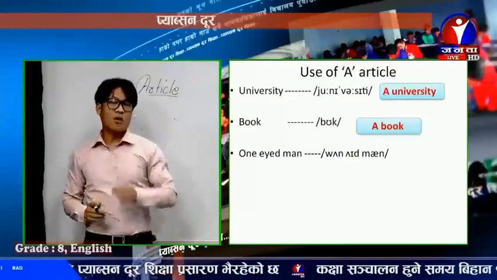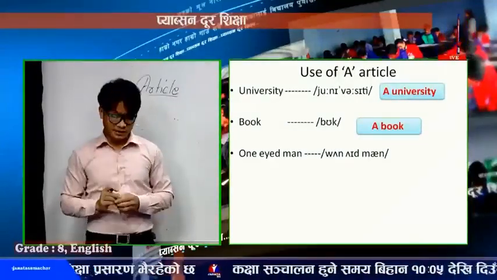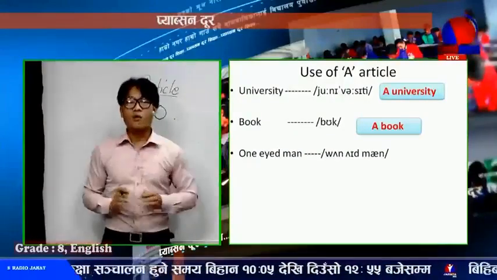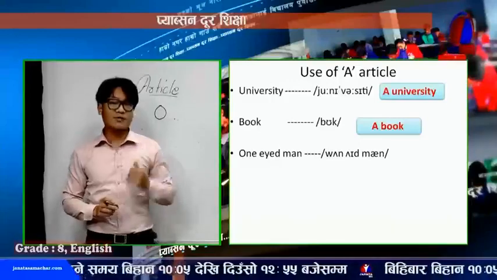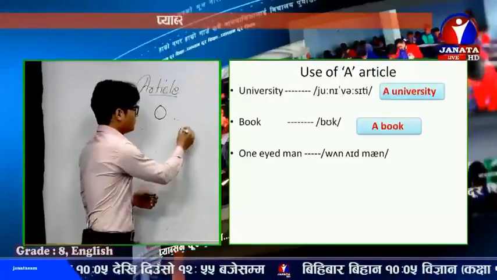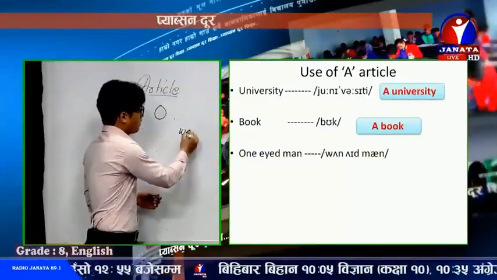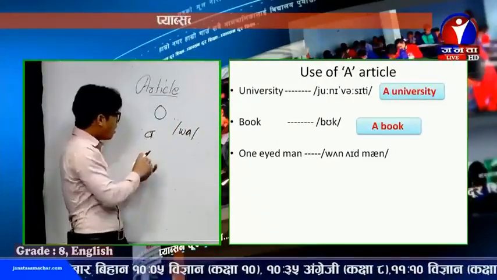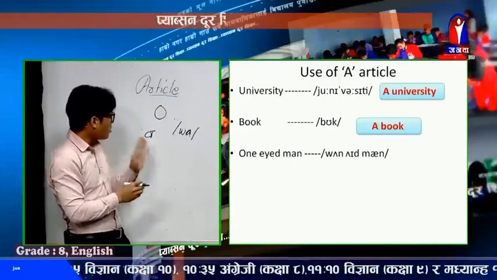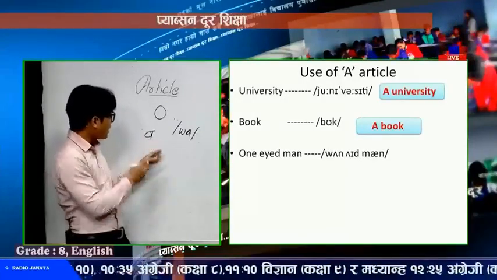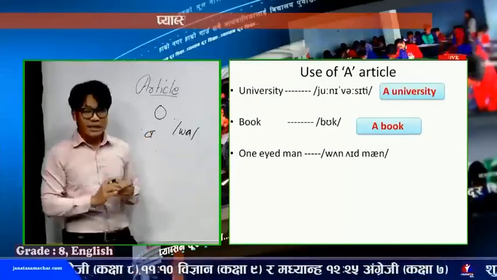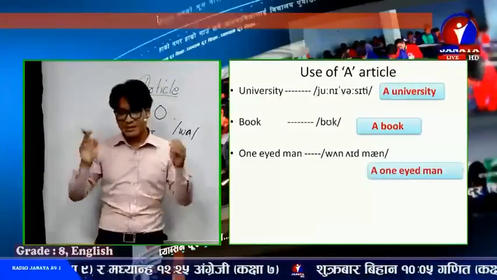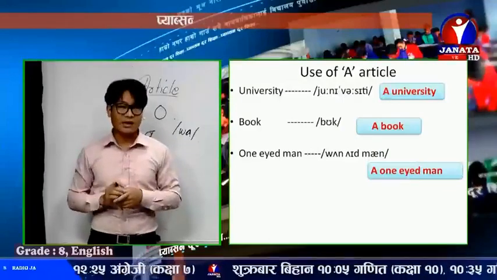Okay, this word has first letter O, and O is a vowel letter, but the pronunciation starts with 'wo'. This 'wo' is found in the consonants ka, kha, ga. So that's why, according to the sound, this one-eyed man takes the article a: a one-eyed man.